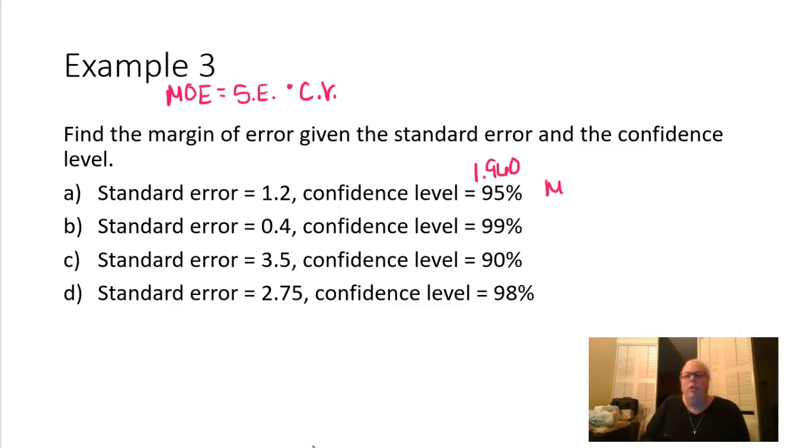That means that the margin of error is going to be our standard error 1.2 times the critical value we just found, 1.960. And y'all, we usually round these to 4 decimal places. So 1.2 times 1.960 gives me 2.352.